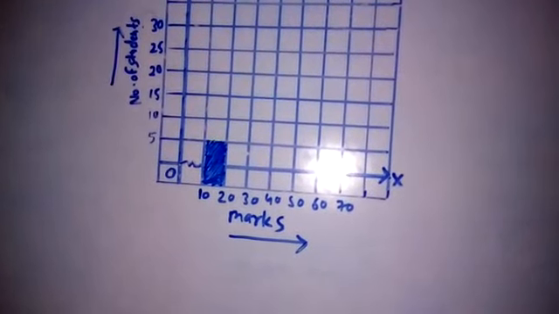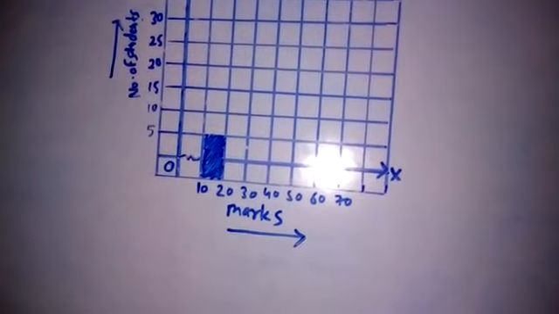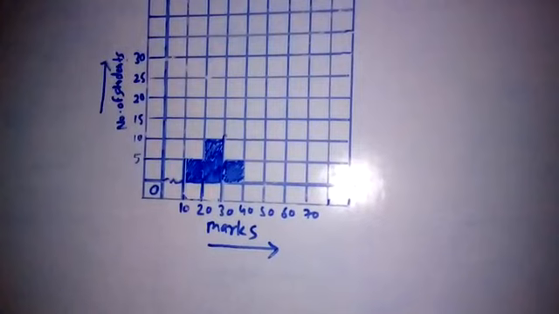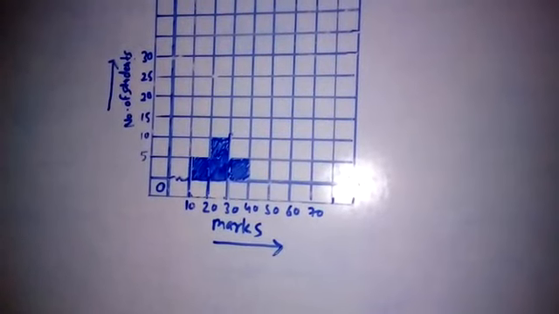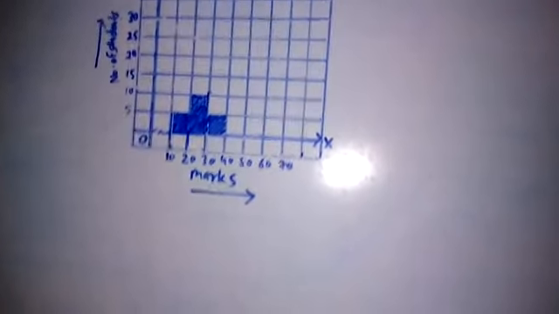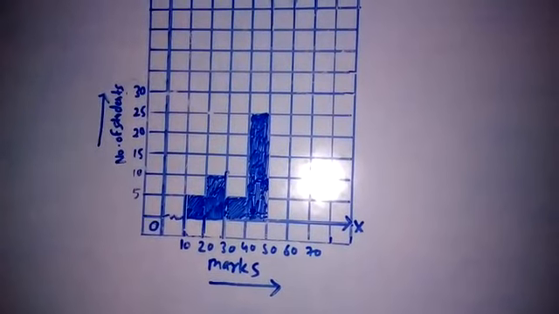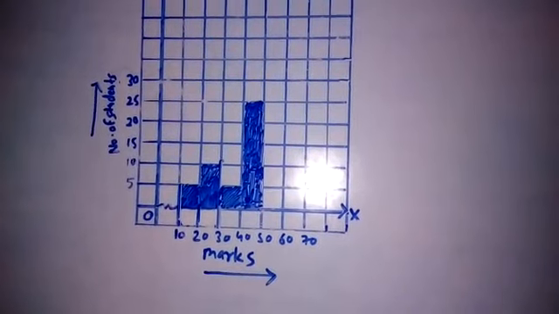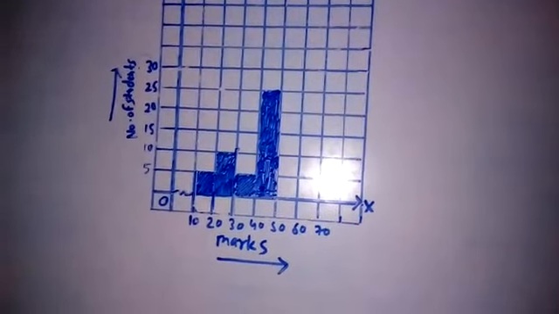Now 20 to 30 it is 10, 30 to 40 it is 5, we will fill it. 40 to 50 it is 25. Now 50 to 60 it is 20.